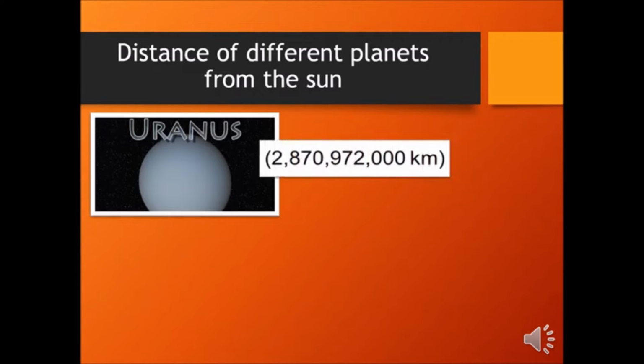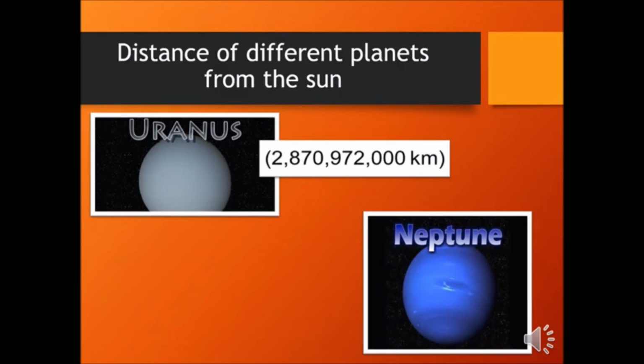Can you read that number? Uranus has a total distance of 2,870,972,000 kilometers.